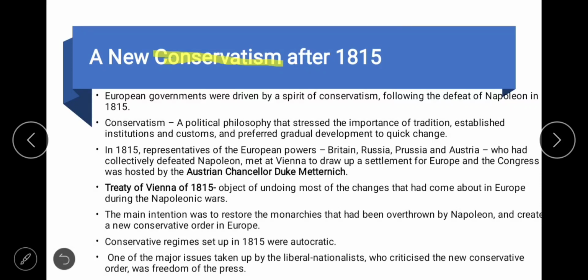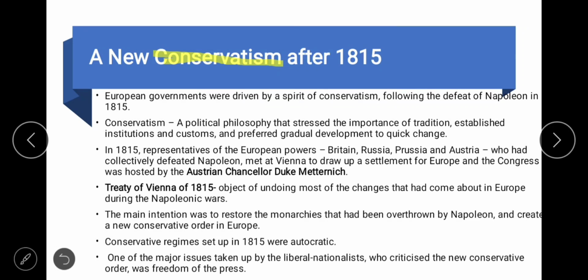So they did not propose a return to the society of pre-revolutionary days. They realized that modernization, like a modern army, an efficient bureaucracy, a dynamic economy, and the abolition of feudalism and serfdom, could actually strengthen the autocratic monarchies of Europe. That is, it can make the state power more effective and strong.